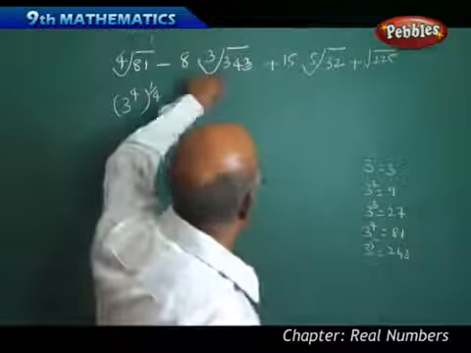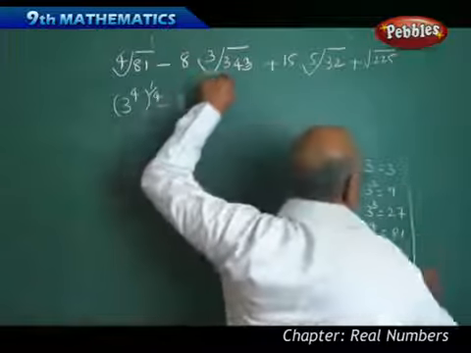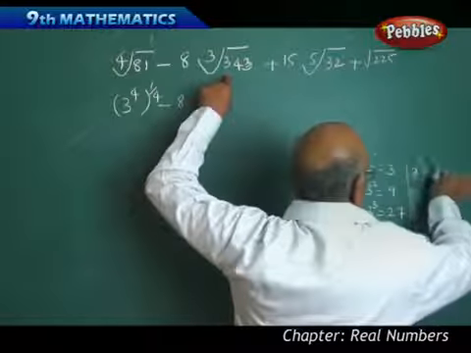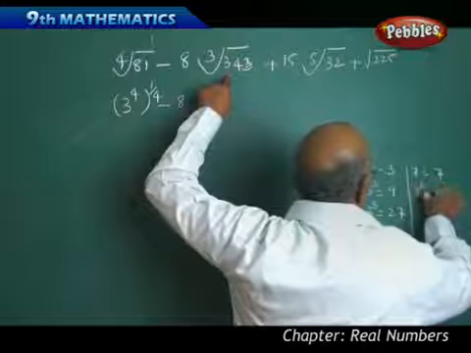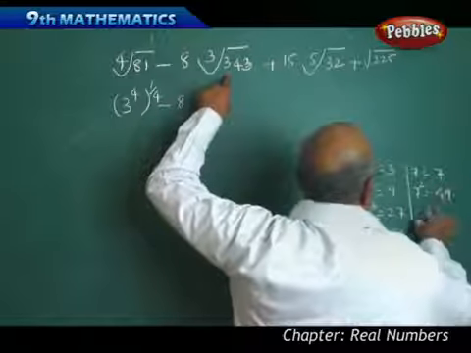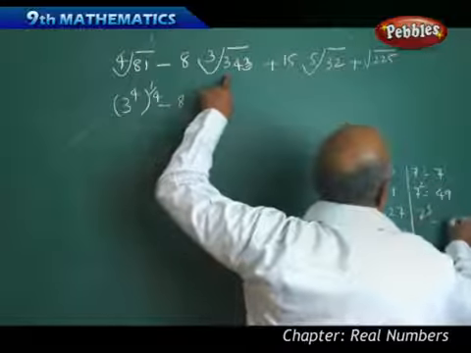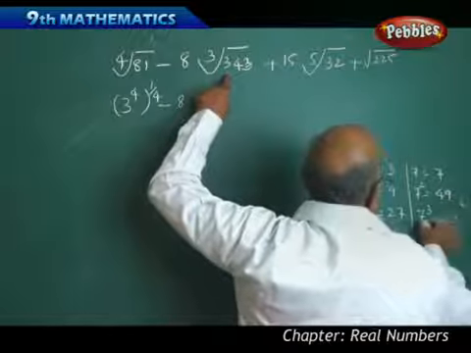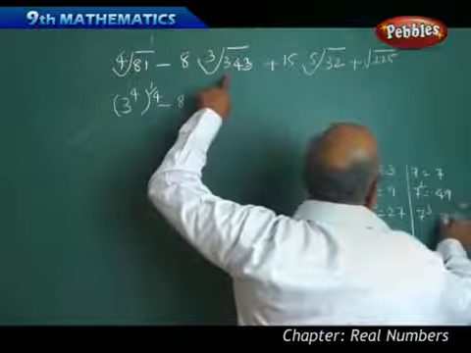But instead of doing so, if I take 7, 7 square is equal to 49, 7 cube is equal to 343.